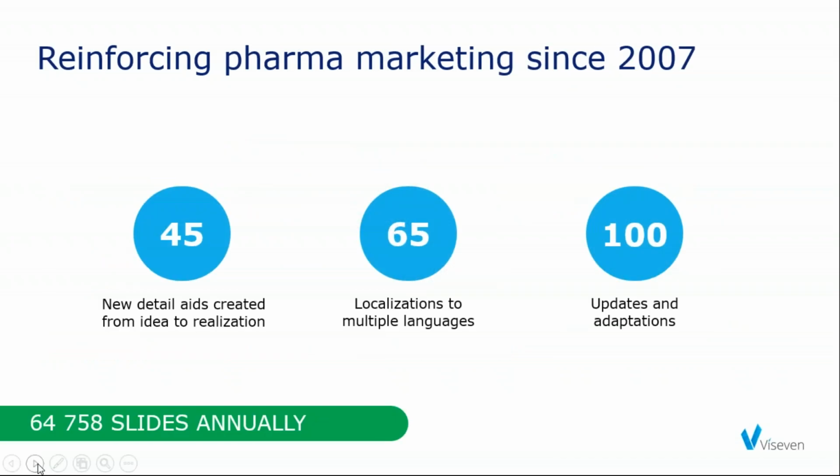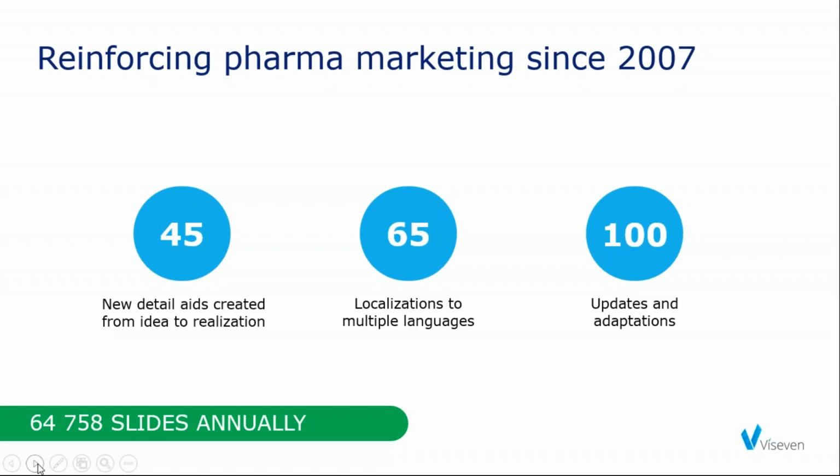We are operating since 2007, keeping the main focus on pharma and life sciences customers. Our monthly benchmarks are on the slide. About 45 detail aids created with the help of eVisor, 65 localizations to different languages, and more than 100 updates and adaptations. And last year, more than 65,000 slides were produced with the help of eVisor.